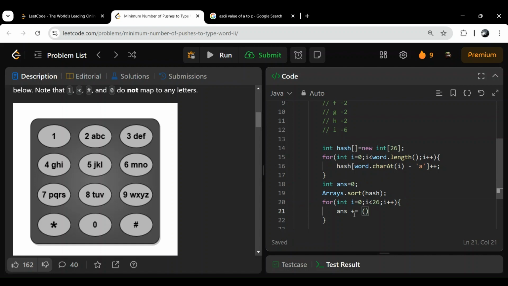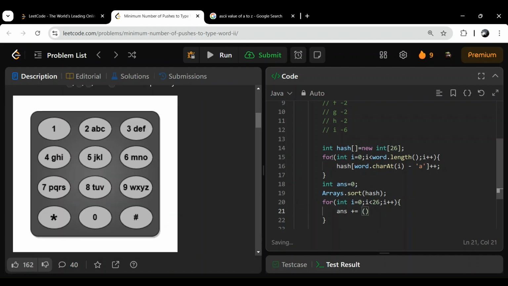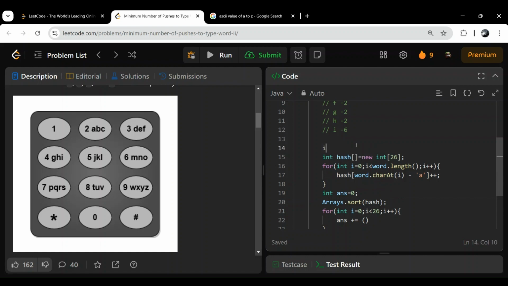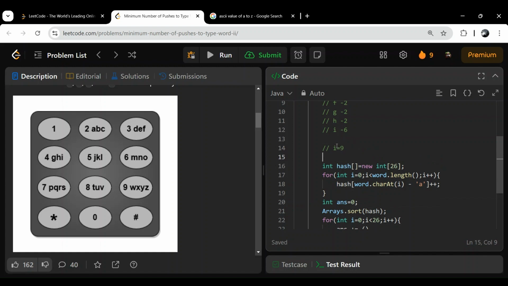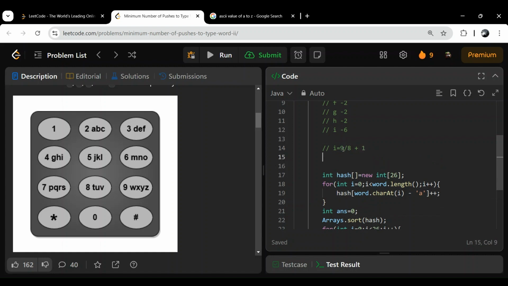Okay, so let's say our number of unique characters. If we see i, okay, let's say i is 9. 9 means the ninth number. So if i is 9, then for the first 8 what do we multiply with? We will divide by 8 plus 1.